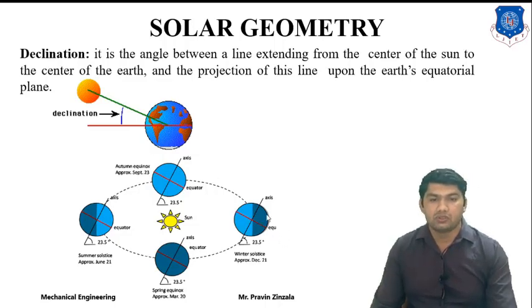This is the position of earth, 23.5 degrees inclined, in the winter position. Same as the spring, summer, and due to the continuous rotation of earth on its axis as well as around the sun, the declination changes slightly. So these are the different positions of the declination angle at different times.